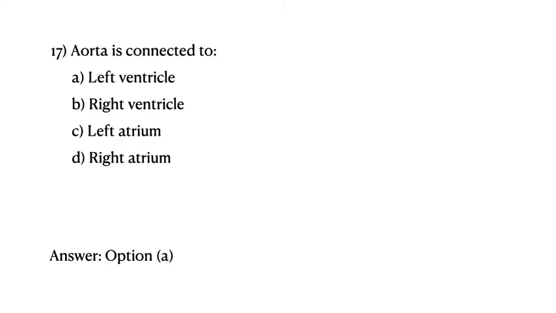Question number 17. Aorta is connected to option A, left ventricle, option B, right ventricle, option C, left atrium, option D, right atrium. Now children, tell me what is the answer? Yes, the answer is option A, that is left ventricle. Aorta is connected to left ventricle of human heart.